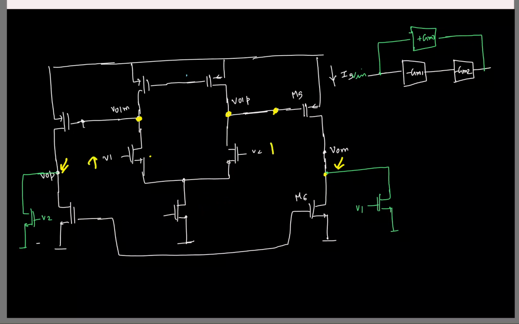If both inputs increase, what can you say about the outputs here? Okay, we just saw the currents, will they change or not here? If the currents don't change, what can you say about these voltages incrementally? They will not change, right? You can draw the common mode half circuit.